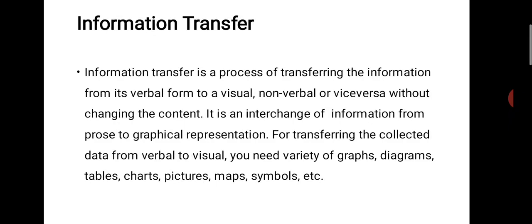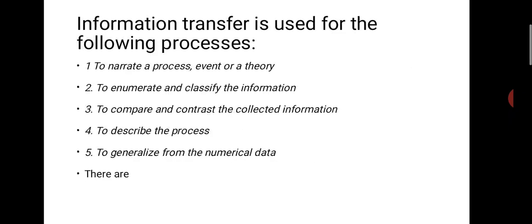Here, information transfer is used for the following processes: to narrate a process, event, or a theory, to enumerate and classify the information, to compare and contrast the collected information, to describe the process, and to generalize from the numerical data. Here, generalization is the important one.